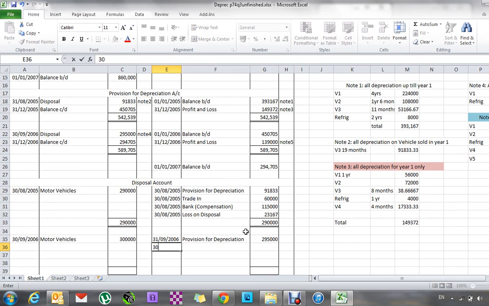The second disposal, same story. I need to work out the 30th of September 06. The bus crashed and was traded for 10 grand, and I guess the new vehicle costing 240. So I just get a trade-in of 10 grand.